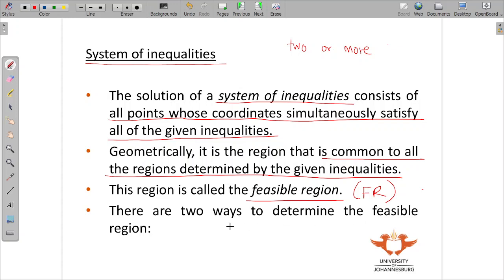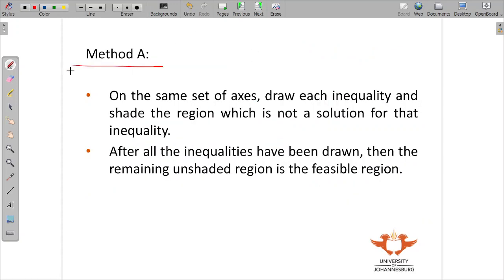There are two ways to determine the feasible region. Method A: on the same set of axes, draw each inequality and shade the region which is not a solution for that inequality. So the first method is that you are shading the region that is not the solution.